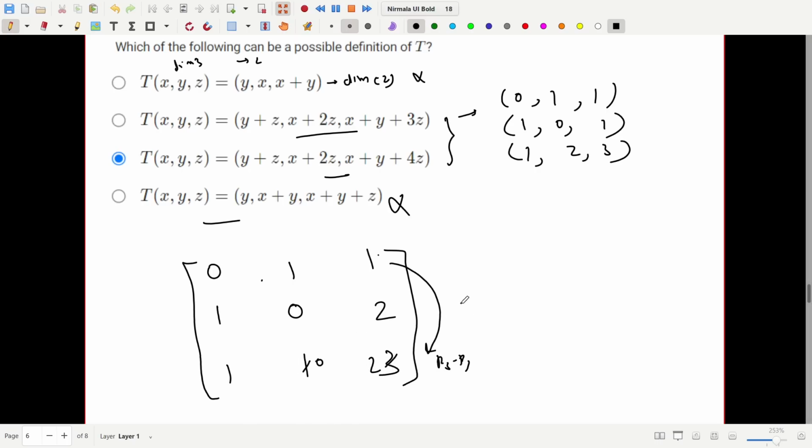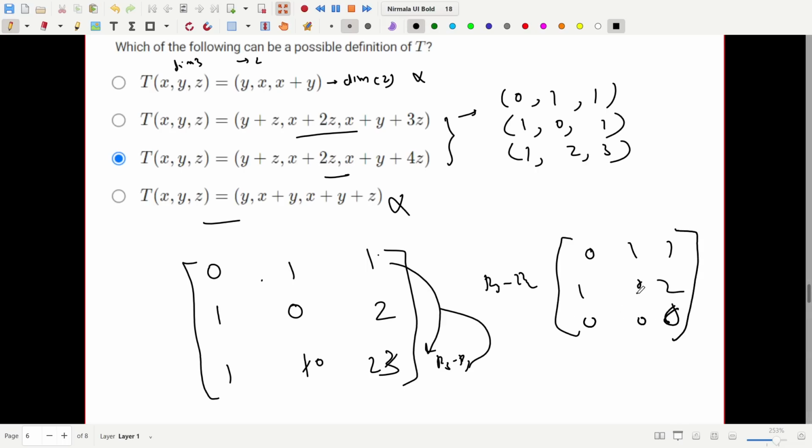Then further, if we apply R3 minus R2, we will get 0 1 1, 1 0 1, and 0 0 0. So you can see here only 2 pivot entries are possible, so the rank will be 2 and the nullity will be 1. So nullity is there, so it cannot be one-one. Okay, it cannot be one-one.